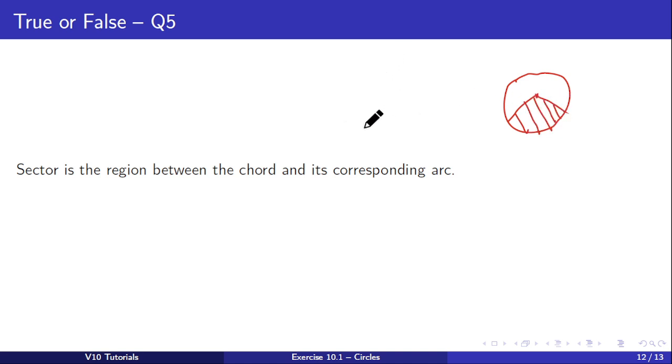But here it is saying that it is a region between a chord and its arc. So this is a false statement. Okay? And how will you correct it? You will say sector is a region between two radii and the arc of the circle. So that is the correction that we have to do. So the given statement is false.